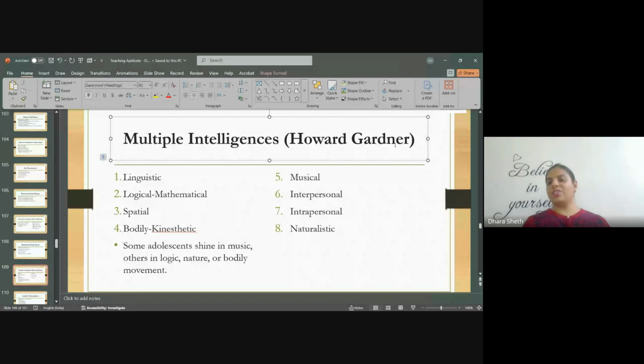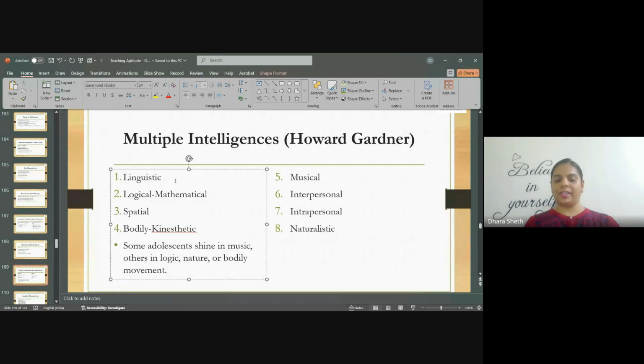This was one of the questions asked in previous years, that who gave the multiple intelligence theory, and the answer is Howard Gardner. Okay, 4 scientists were named. The answer is Howard Gardner. So sometimes they do ask names of scientists also. So multiple intelligence theory says that everyone has different capability. Some people are good at linguistic, some people are logical, mathematical, some people are good in spatial.